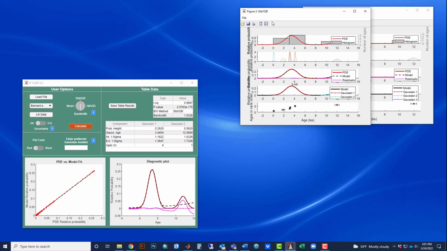All right. So we have the standard deviation interquartile range approach. You see it took a couple of tries here to get to the right solution. And our one-to-one plot looks really good between the model and the probability density estimate based off the cumulative ages. And so let's calculate the last bandwidth.